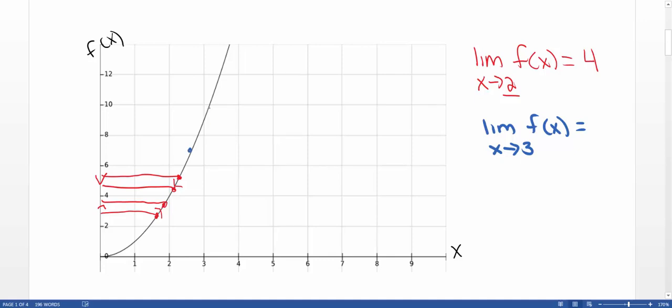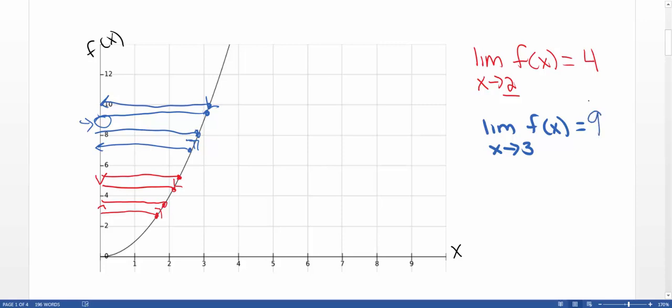Again, I'm going to pick values close to 3, and I'm going to use those to see what y values I'm approaching. So I start somewhat close to 3, but then I move closer and closer on either side to where that 3 is. I'm moving up from the left and down from the right, and I can see that the y value I'm approaching is going to be approximately 9.